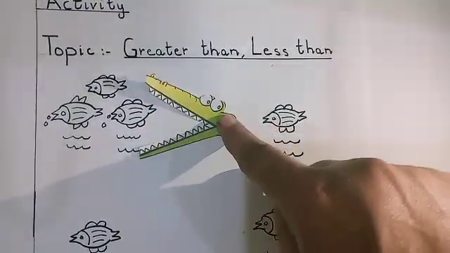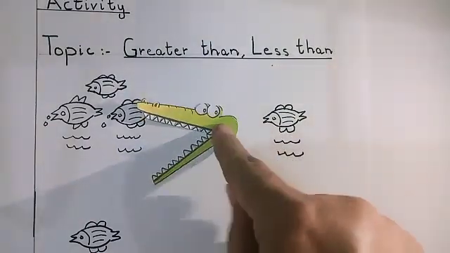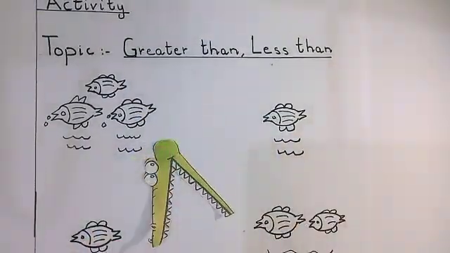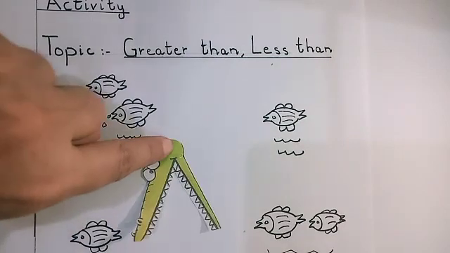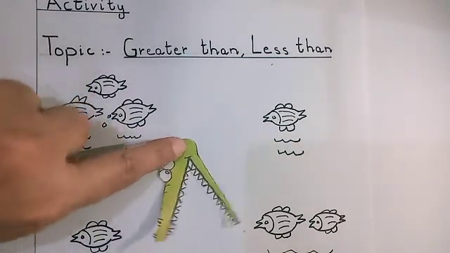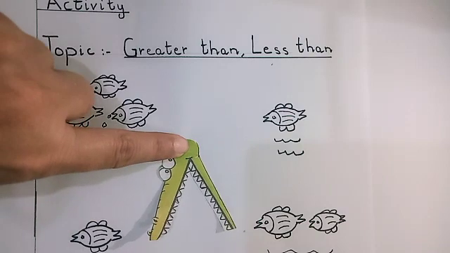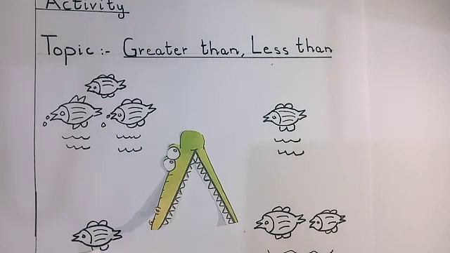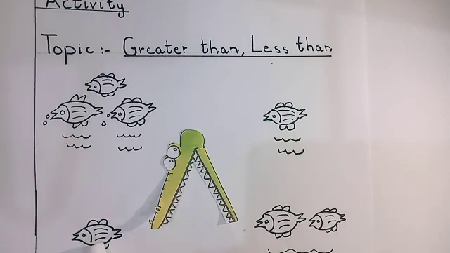Again, after eating 3 fish, now this crocodile is moving towards and finding another fish. Where will he have to go? Think about it, students. Can you tell me? Look here. First of all, count. On this side I am seeing 1 fish.